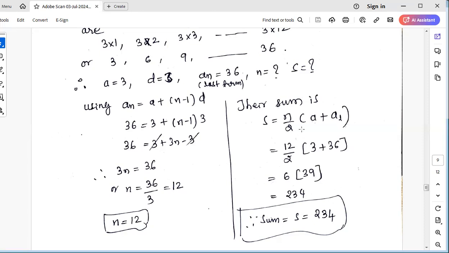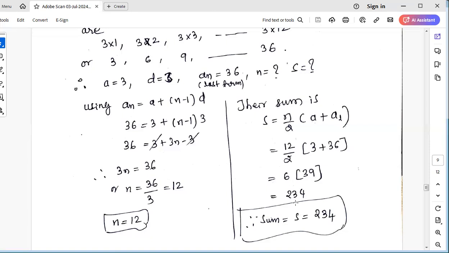Then their sum is obtained like this. So S is equal to n by 2, a plus l formula you have to use. So n is 12, so it is 12 by 2 into a, the first term, that is 3, plus l, the last term, that is 36. So this gives 12 by 2 is 6 into the bracket, 36 plus 3 is 39.